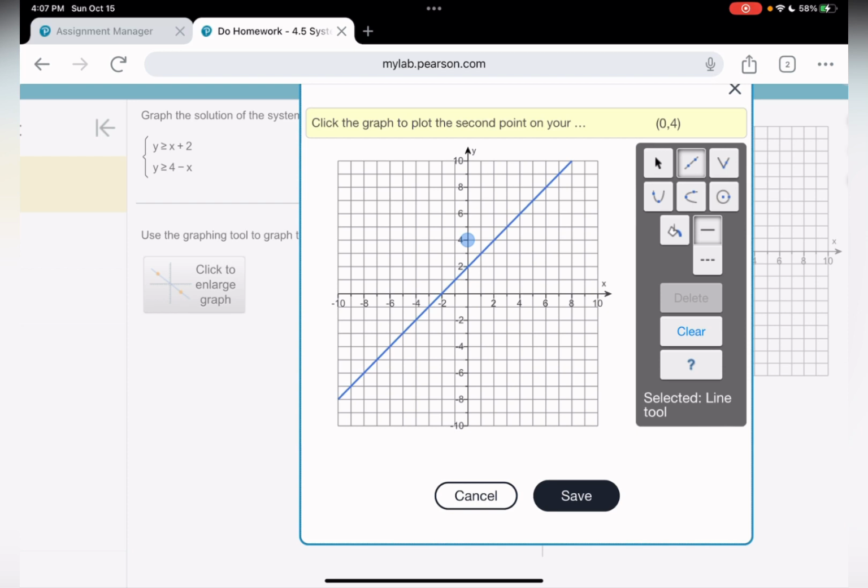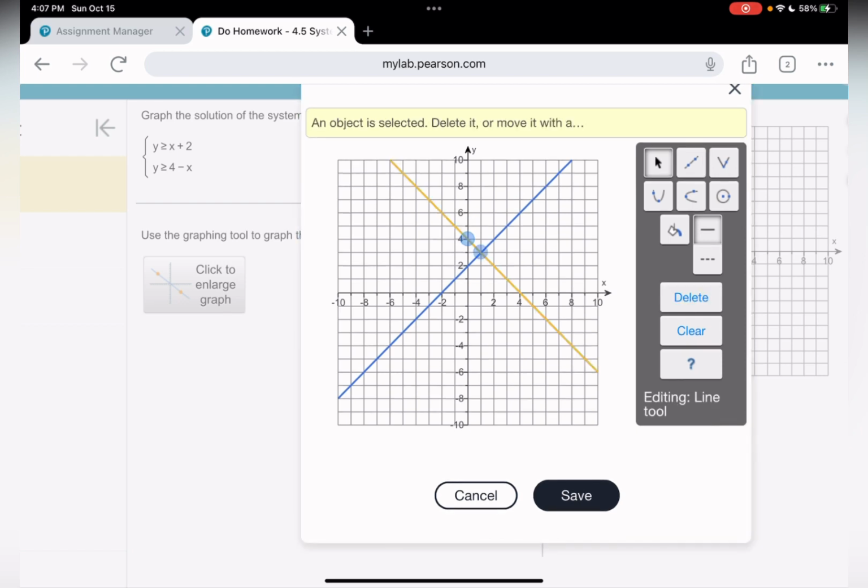So I'm going down by 1, which will be 3, and then to the right by 1, it's going to be this one. So here we have our two equations. Now, since we have inequalities, we are going to find the area that is going to be the answer.